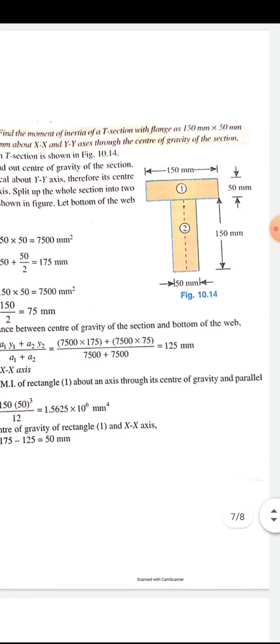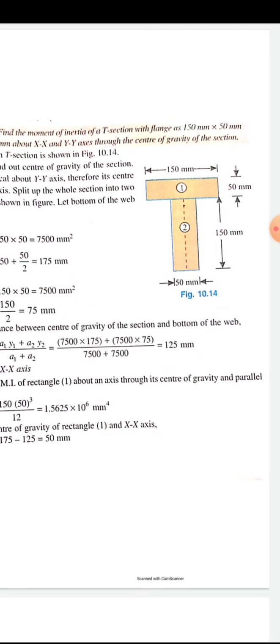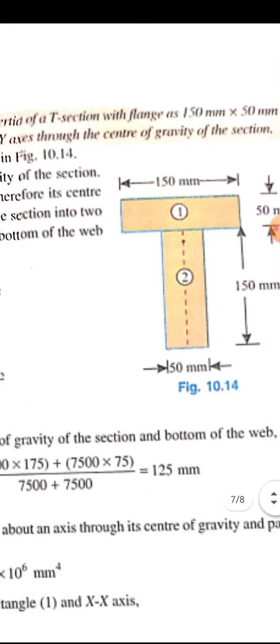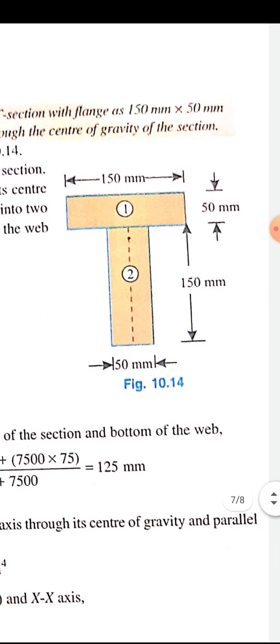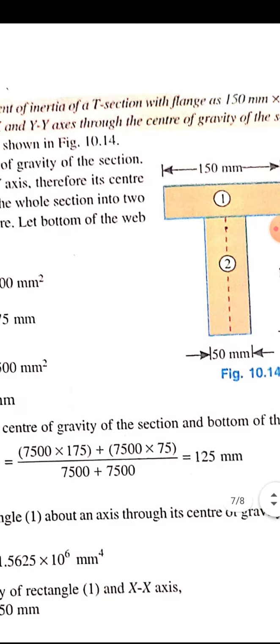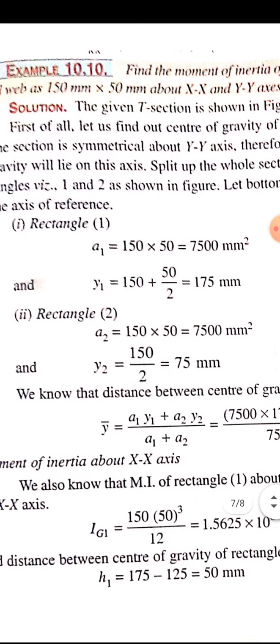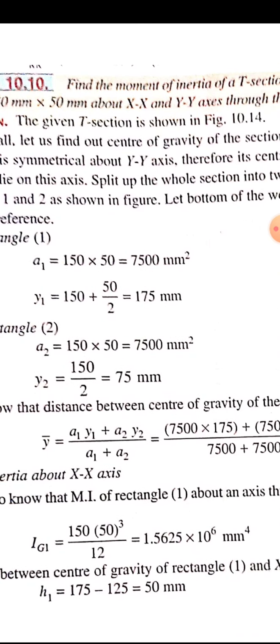T section, this is the T section, flange 150 mm, 50 mm, web 150 mm. We divide it into two rectangles, rectangular 1 and rectangular 2. Rectangular 1, 150 mm into 50 mm, so the area A1 equal to 150 into 50, 7500 mm square.